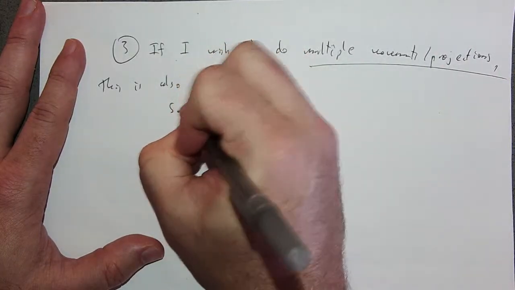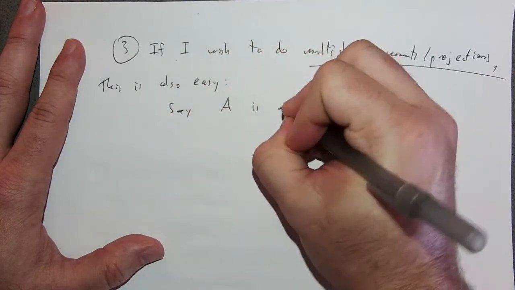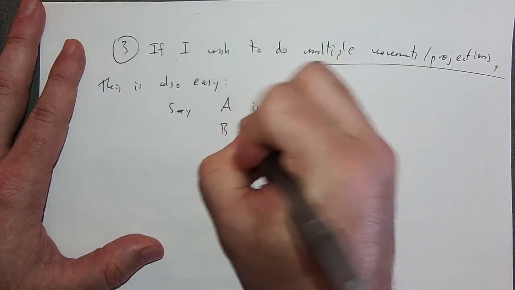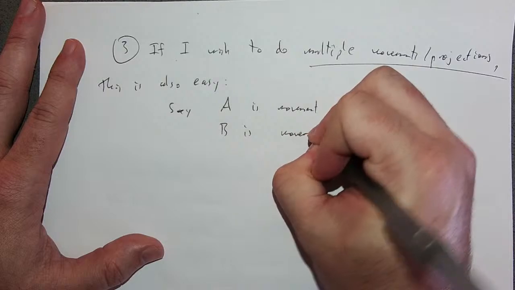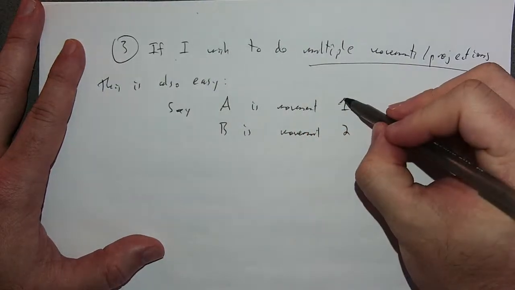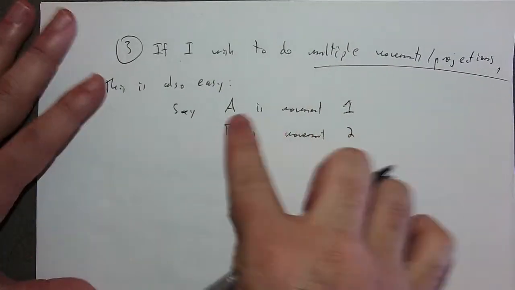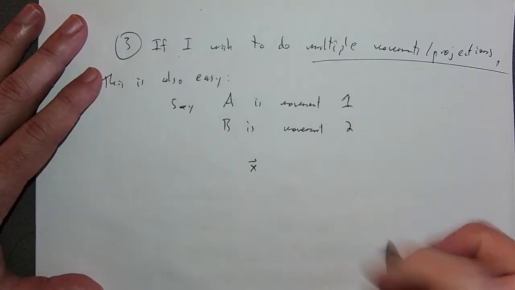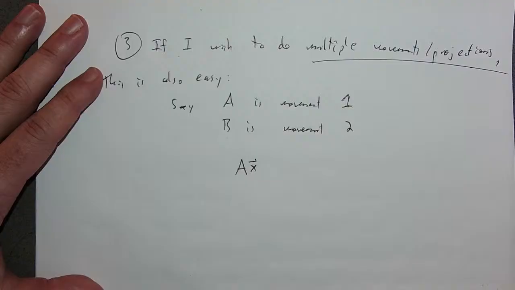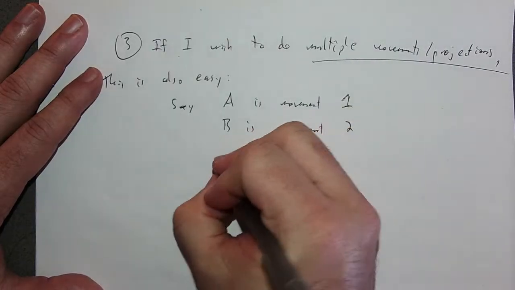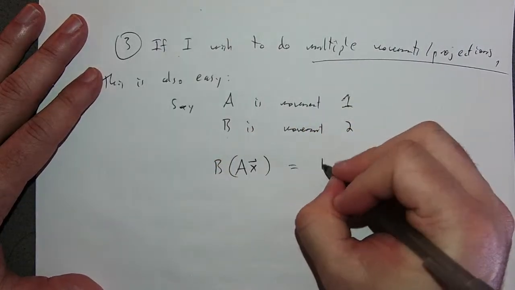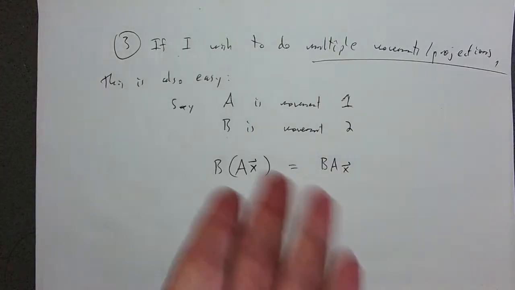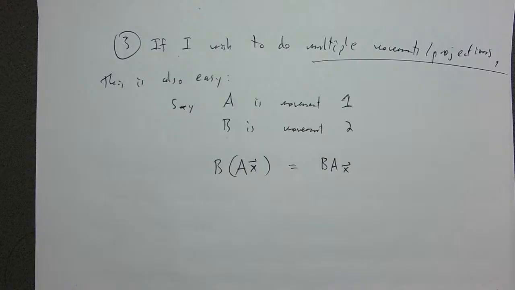Say A is movement 1, B is movement 2, and I'm doing movement 1, then movement 2. How would I do that? I have the vector x to be moved, which is a point to be moved. I hit it with A, and then I hit that with B, so that this is represented, reading from right to left, as BAx. This is how matrix multiplication as a transformation works.